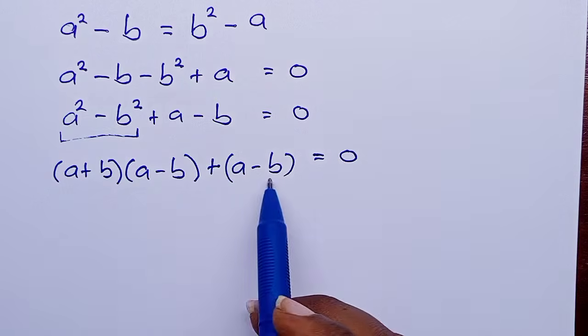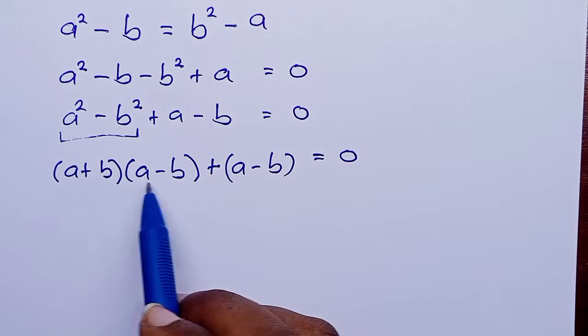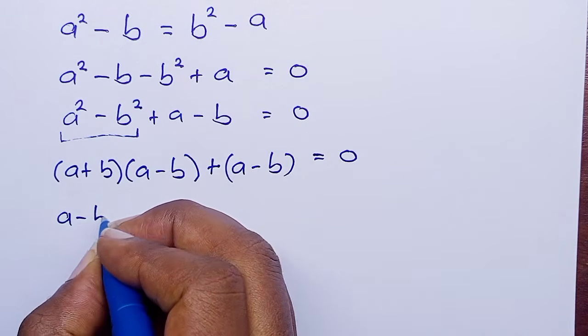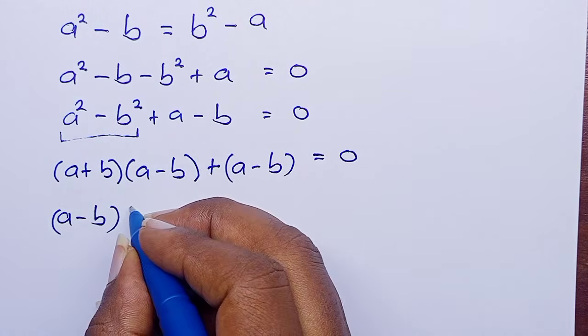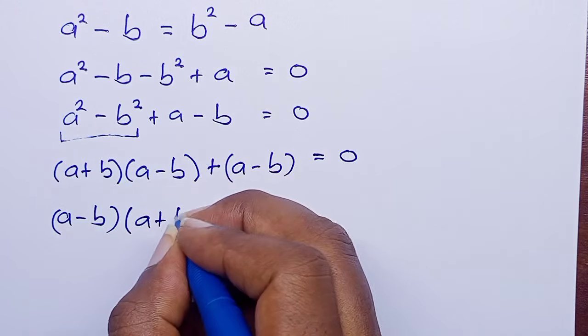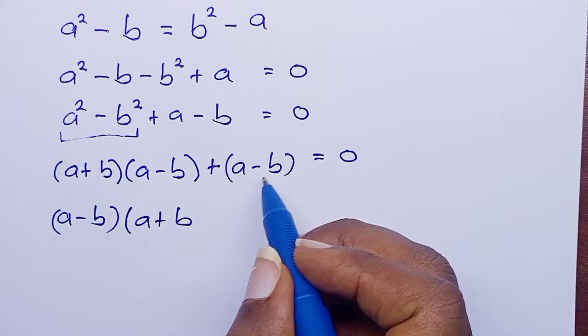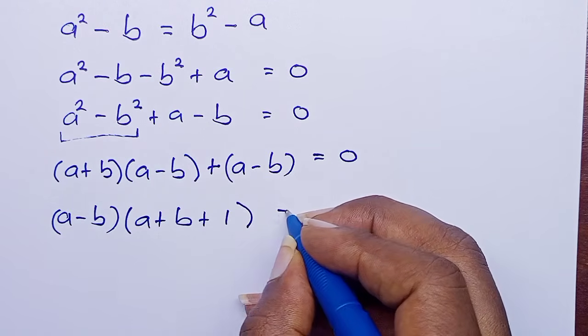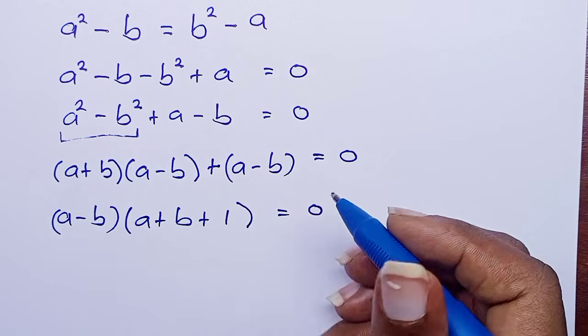Now, as you can see, a minus b is common here and also here, so we factor it out. So we shall have a minus b into, here we shall be left with just a plus b. Then here we shall be left with just 1. So plus 1, this is equal to 0.